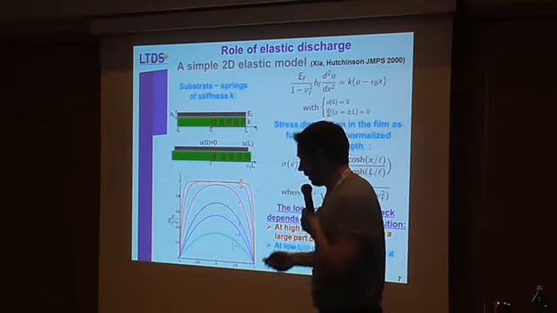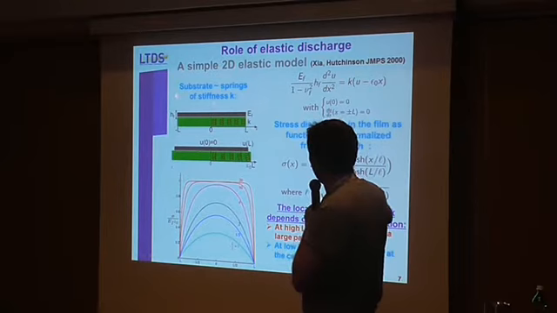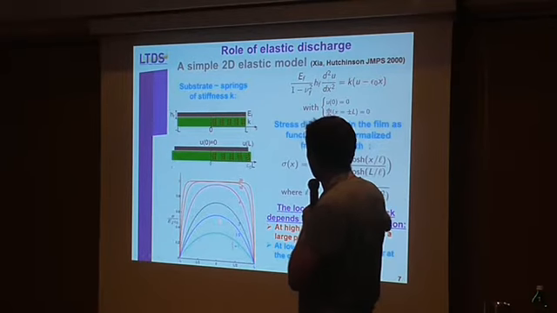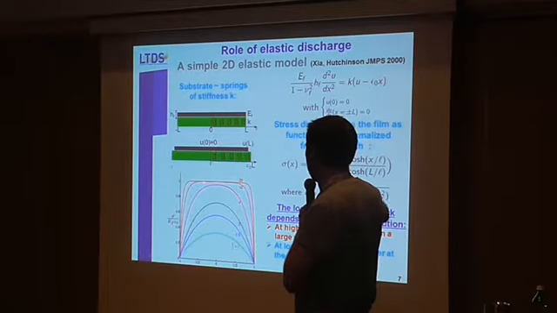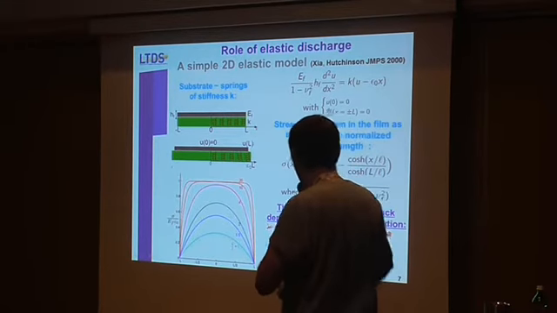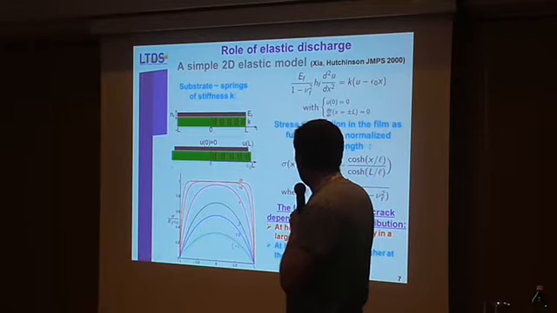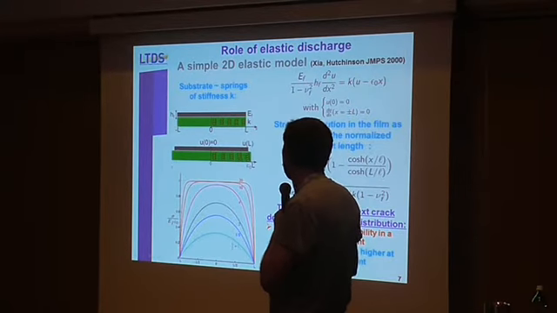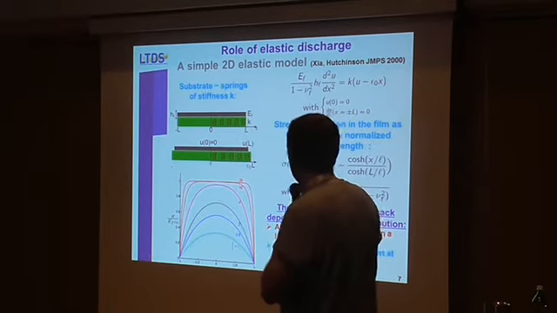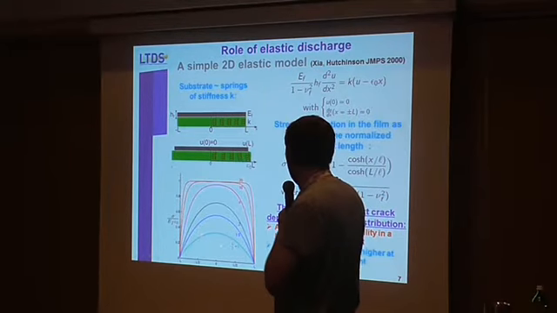Which means that if you are now thinking about how to introduce a new crack in your system, you have nearly equal probability to introduce a crack nearly everywhere on your fragment. So a crack can appear from here to here with equal probability. And now if you are at low ratio, the stress distribution is like this, so there is a maximum at the middle of the fragment. So if a new crack is to appear, its probability is really higher to appear here.